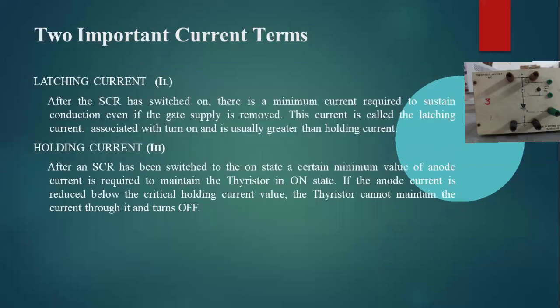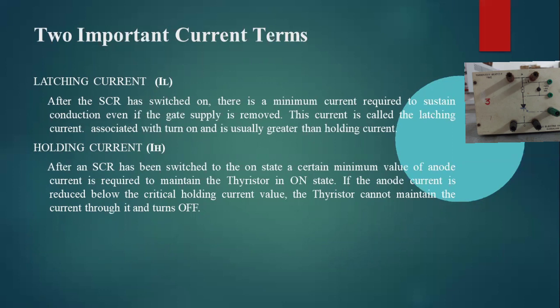So what actually do we do? I will tell you what latching current is. After the SCR is switched on, it is the minimum anode to cathode current above which the SCR will be in the forward conduction state. That is, there is a minimum current required to sustain conduction even if the gate supply is removed.